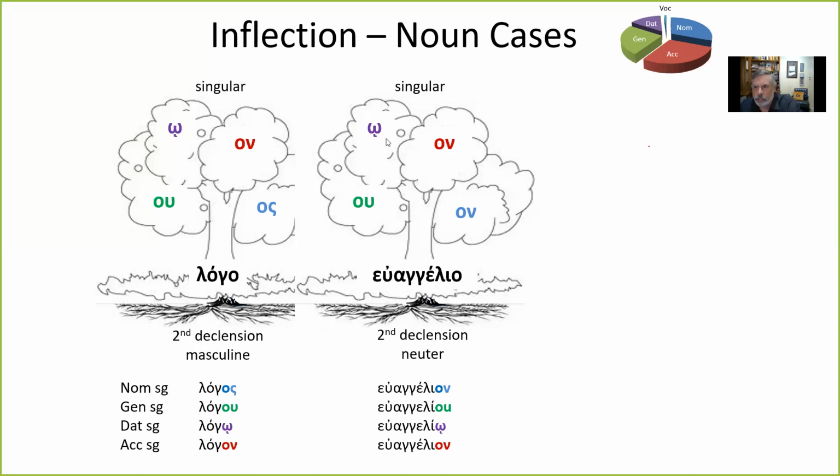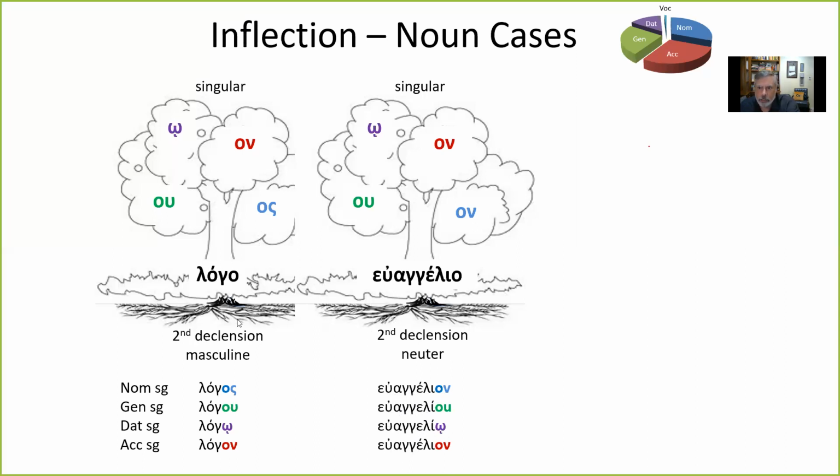Of course, the dative singular is the same with the omega subscript iota, and the omicron upsilon for the genitive. So euangeliou, euangelion. I've been pronouncing that wrong. You hear the nu sounding. Euangelion, euangelio, euangelion.